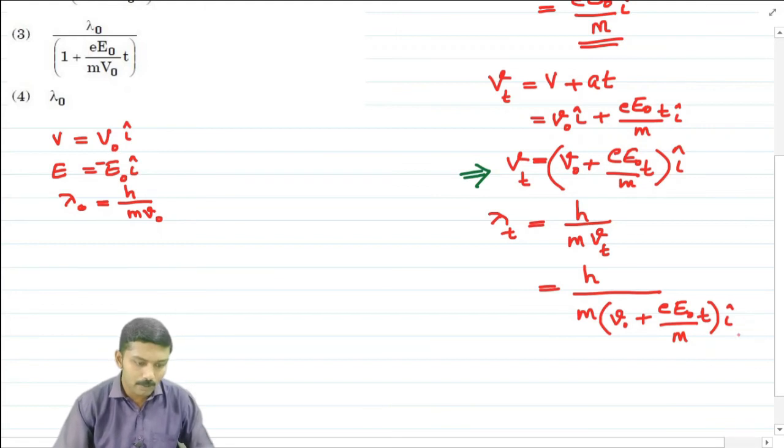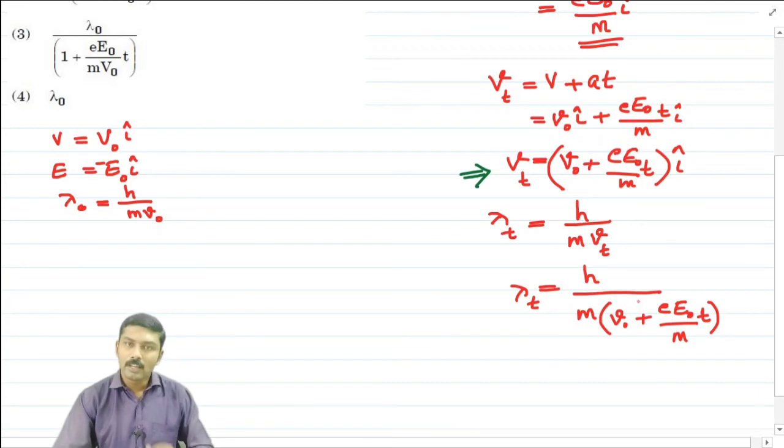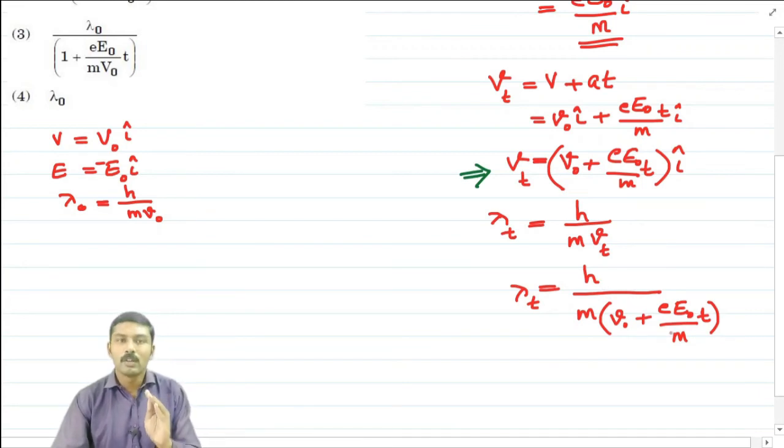I don't need to write down the I cap. So I can write this equation as h divided by m into v naught plus E naught divided by m into t.